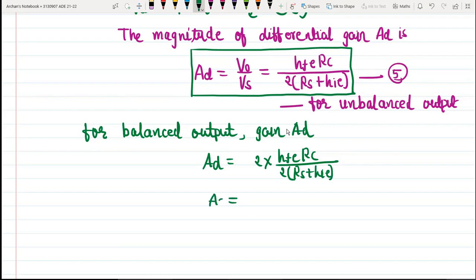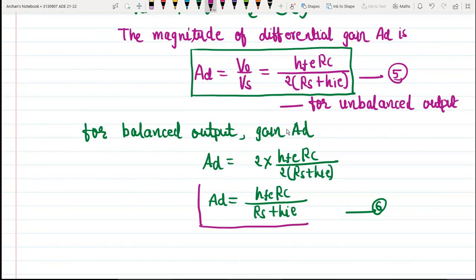So this 2 will get cancelled out, and we will be left with hfe RC upon (Rs plus hie). So this will be the value of differential gain for the balanced output differential amplifier.